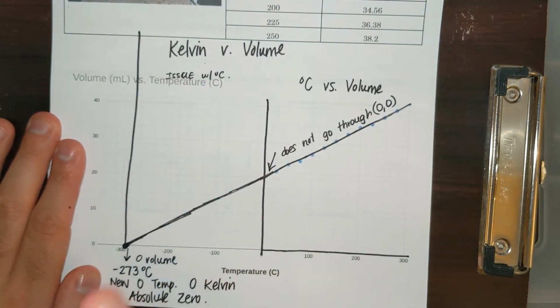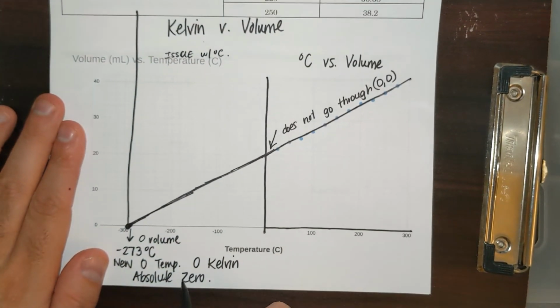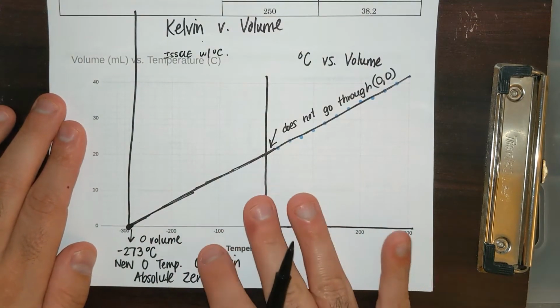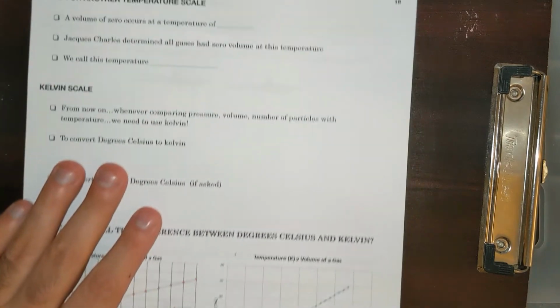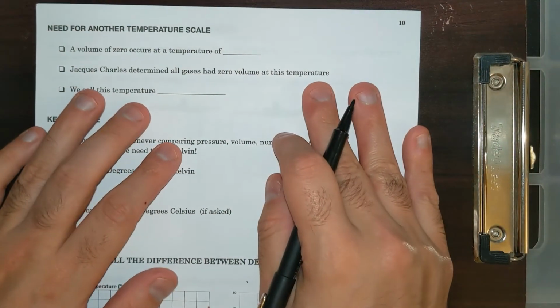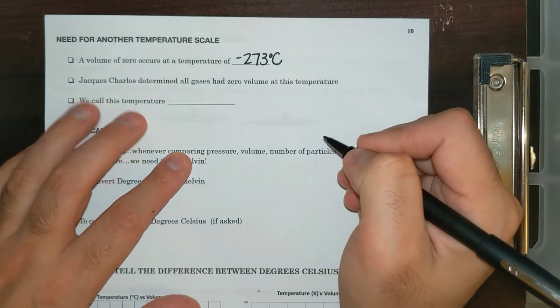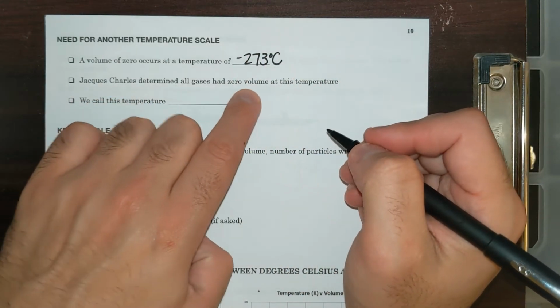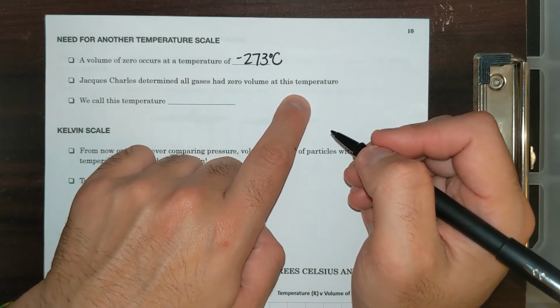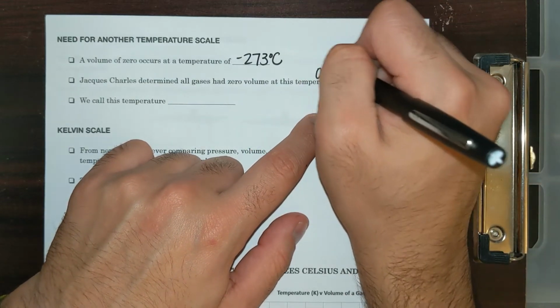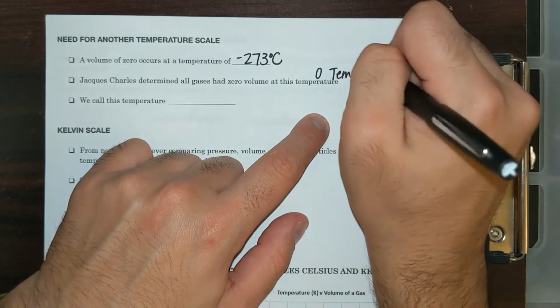My 0, 0 now is going to be 0 Kelvin. And so we need a new temperature scale. A volume of 0 occurs at a temperature of negative 273 degrees Celsius. Jacques Charles determined that all gases had a 0 volume at this temperature. If I have 0 temperature, I should have 0 volume.